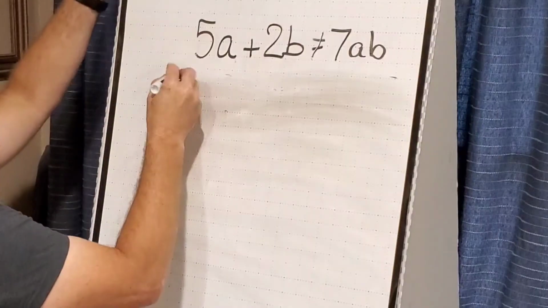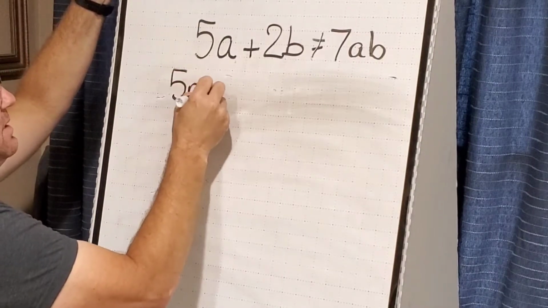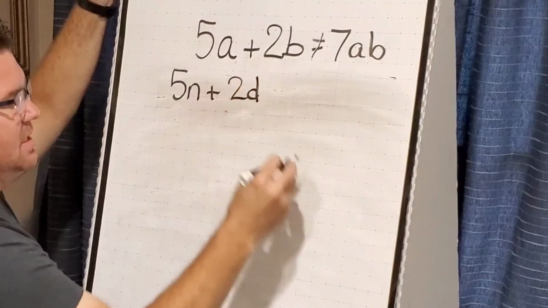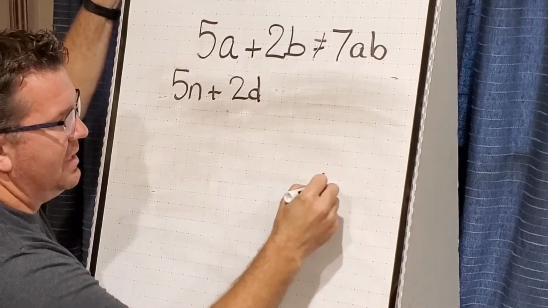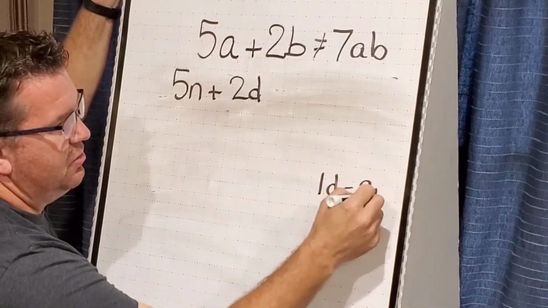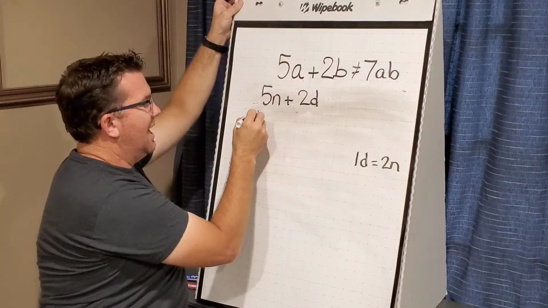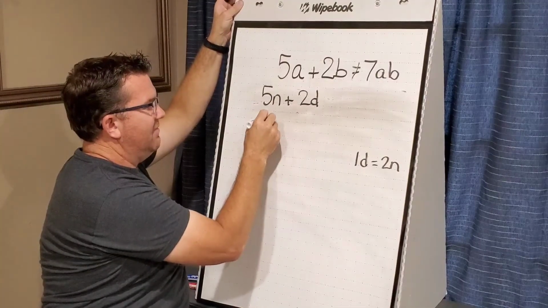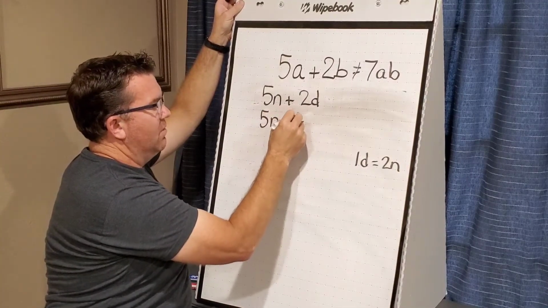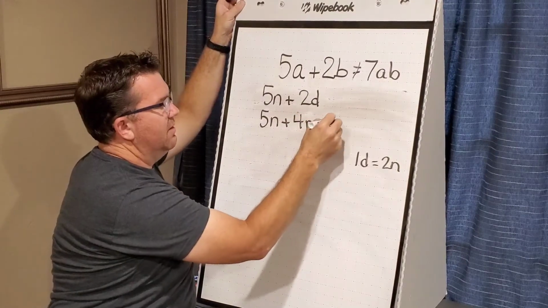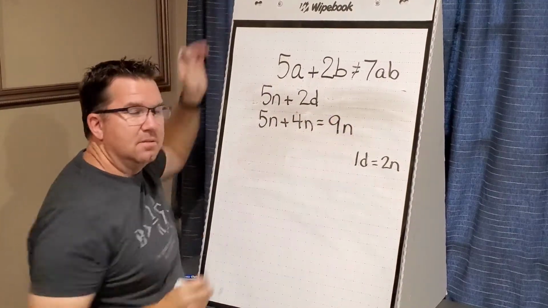But if I had 5 nickels and 2 dimes, I know that 1 dime is equal to 2 nickels. So I can then say it's 5 nickels plus 4 more nickels for a total of 9 nickels.